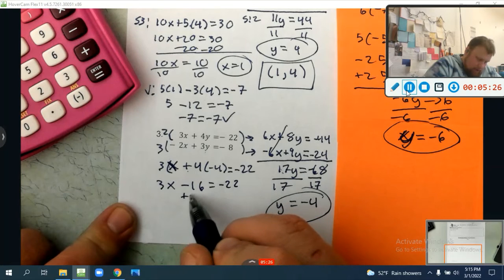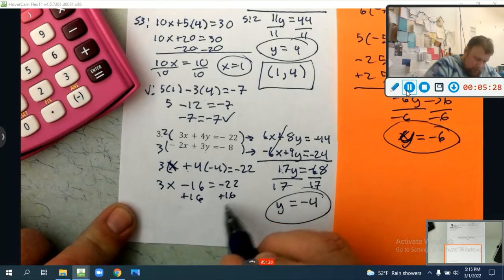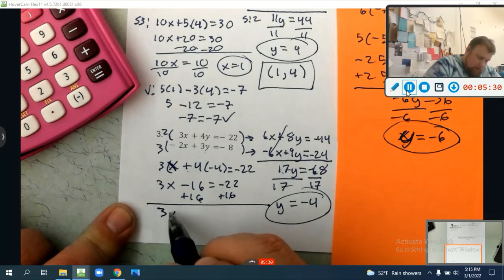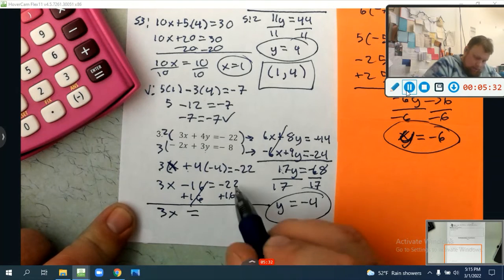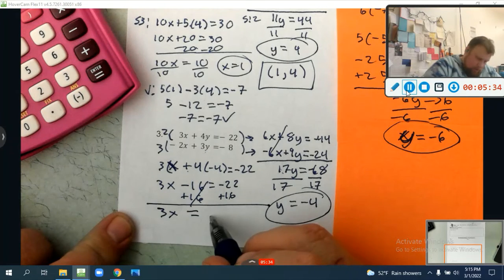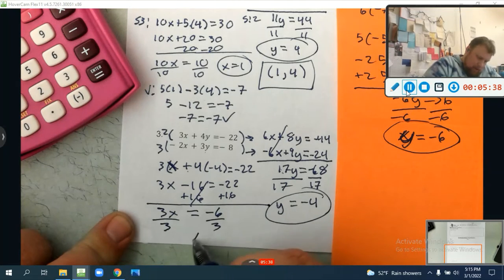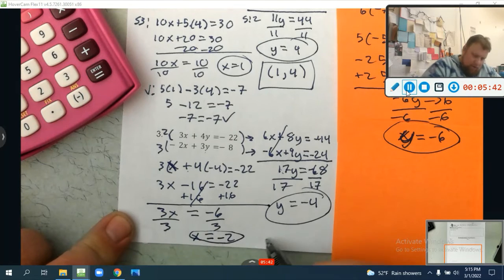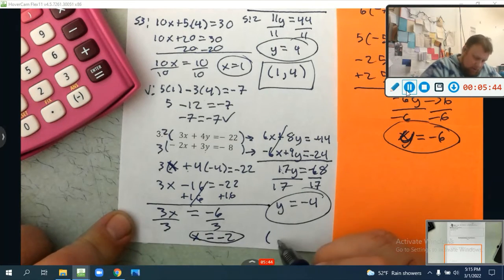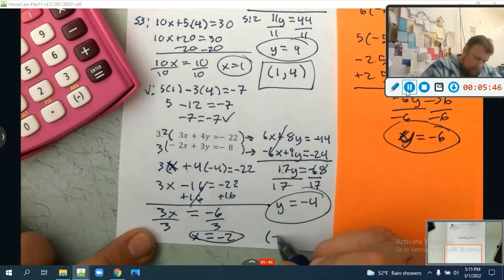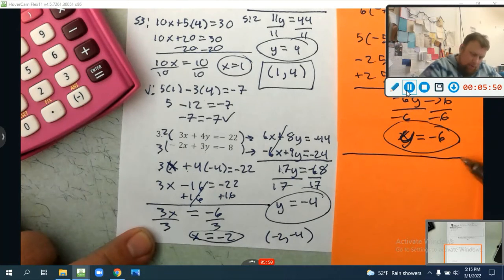Let's add that 16 to both sides. 3x equals, leaves me with what? Negative 6. Divide both sides by 3. X equals negative 2. And our final answer is the ordered pair negative 2, negative 4. You're thinking we don't have room for a check.